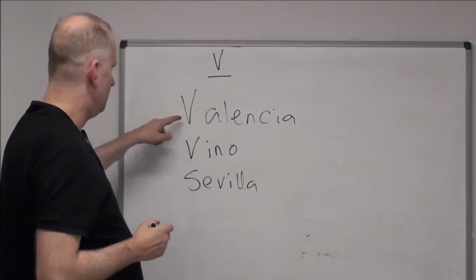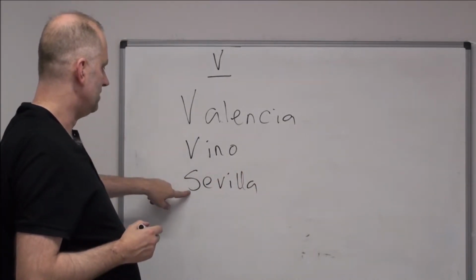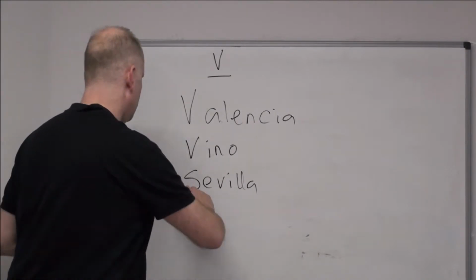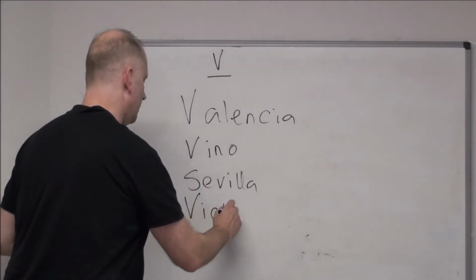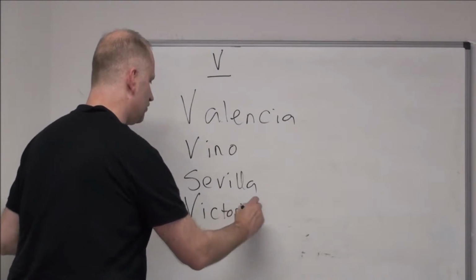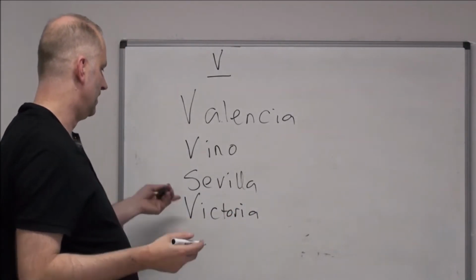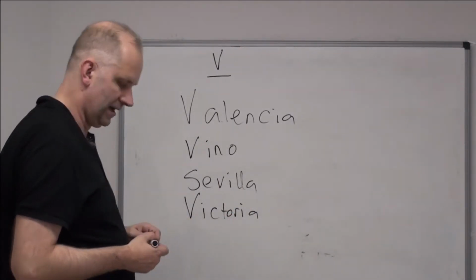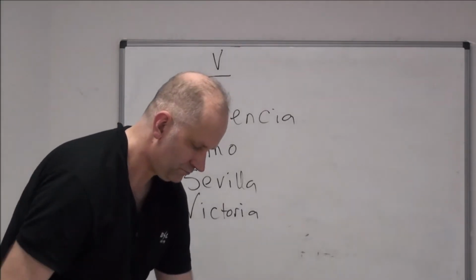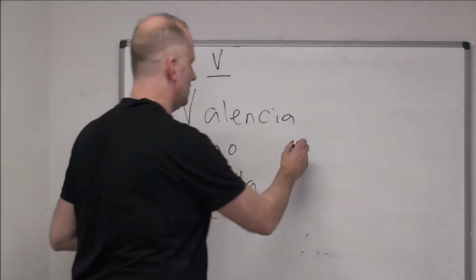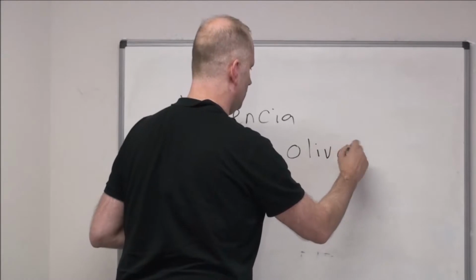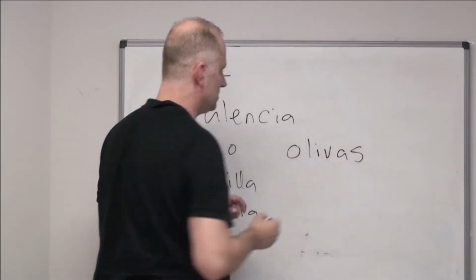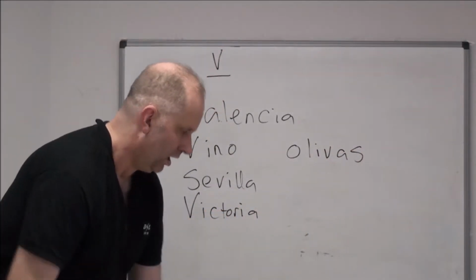So Valencia, vino, Sevilla. Victoria, or the word victory, Victoria. So Queen Victoria, La Reina Victoria. You can also add olivas, oliva, olive, olivas, olives.